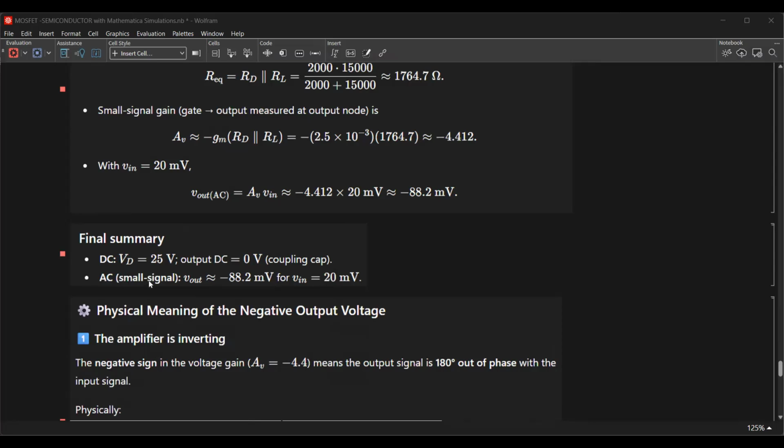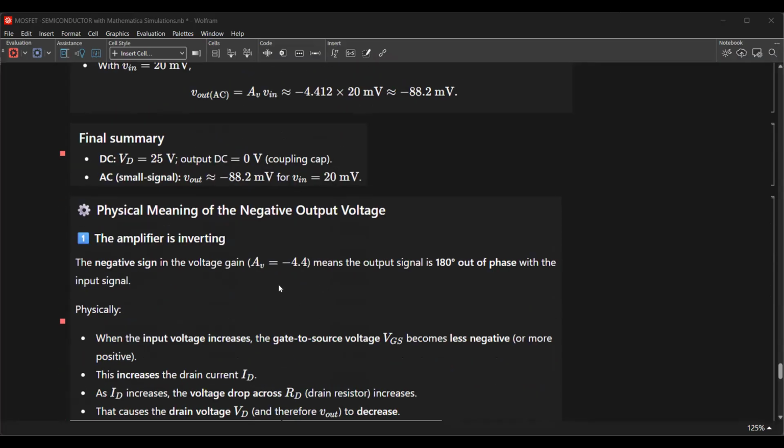So we have the final summary here. For DC, VD equals 25 volts. Output here is equal to zero, because of the coupling capacitor. Then we have the AC small signal V out, negative 88.2 millivolts, for Vin equal to 20 millivolts.